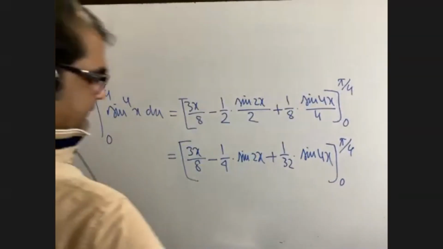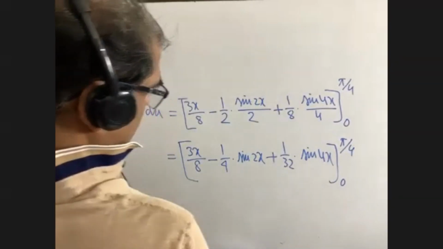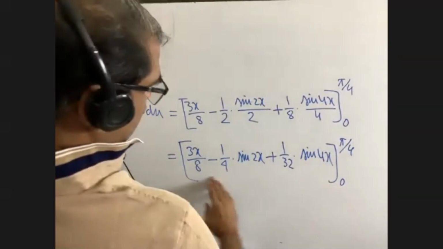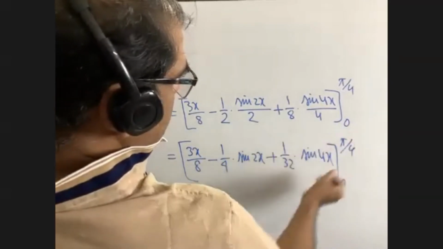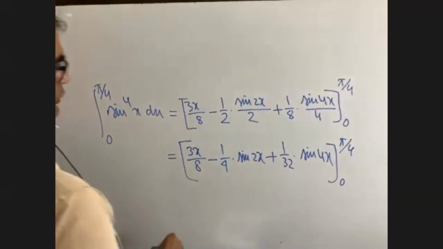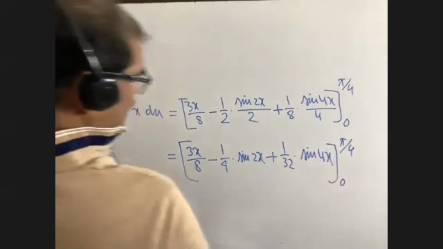Now you see, for 0 everything will be 0, so we'll be doing maths on pi by 4 only.